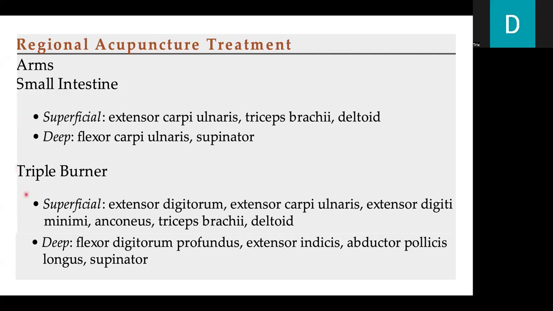If it's superficial, it's in the extensor digitorum, extensor carpi ulnaris, extensor digiti minimi, anconeus, triceps brachii, and deltoid. If it's deep, it's flexor digitorum profundus, extensor indicis, abductor pollicis longus, and supinator.